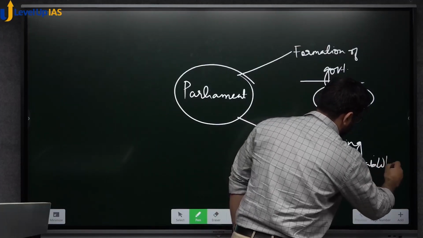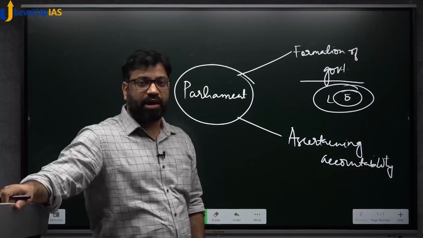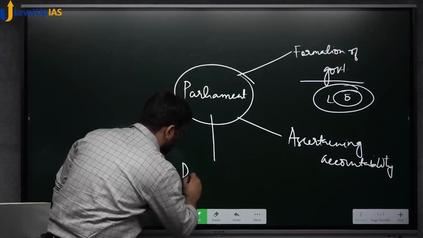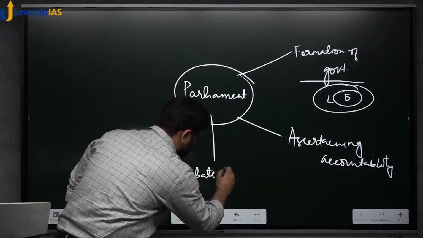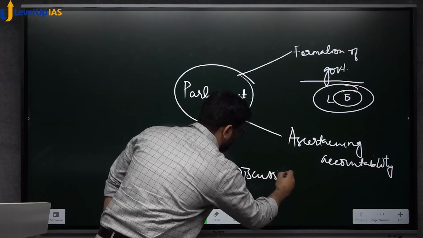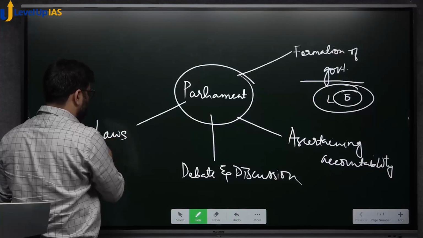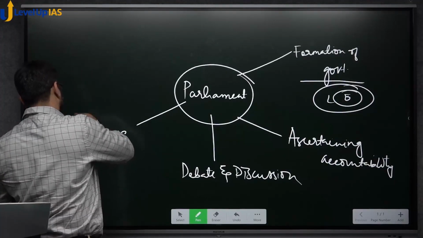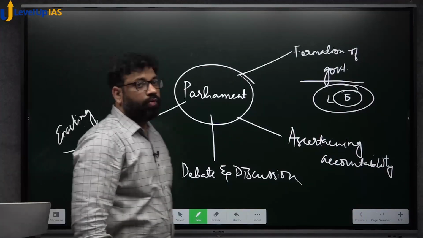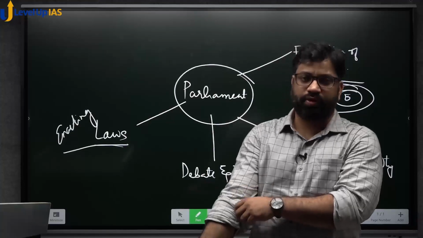We know there are many instruments through which the accountability of the government is ascertained on the floor of the house. Then there are debates and discussions over important topics, and from this will flow the demand of making laws, enacting laws. That is one of the most important functions of parliament, because laws are the collective conscience of a society.